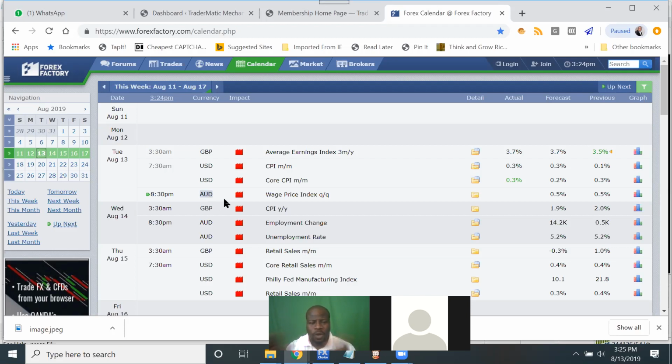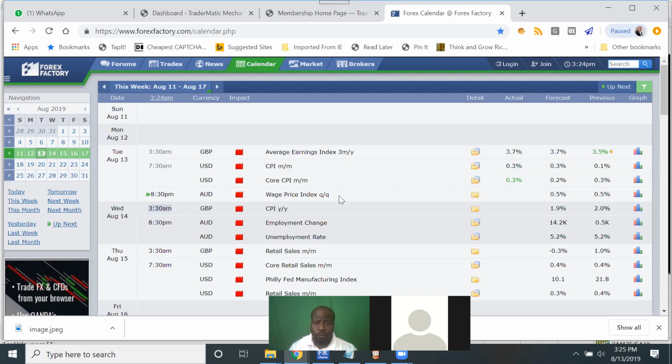There are different ways of trading the news, and it's a different topic on its own, which we cannot finish in this quick training today. But I hope you get the gist. So you save this, you bookmark forexfactory.com/calendar.php. Then you set it to your time. Like right now, this is 3:24. And let's say, for example, tomorrow morning, there's going to be another news at 3:30 a.m.